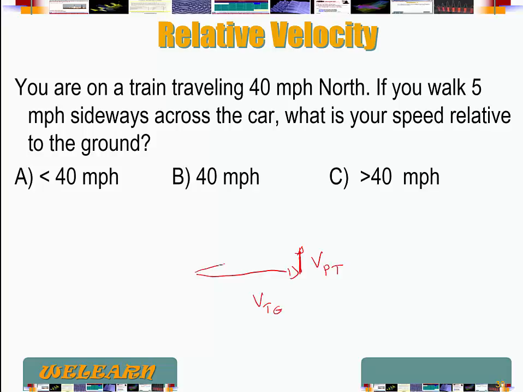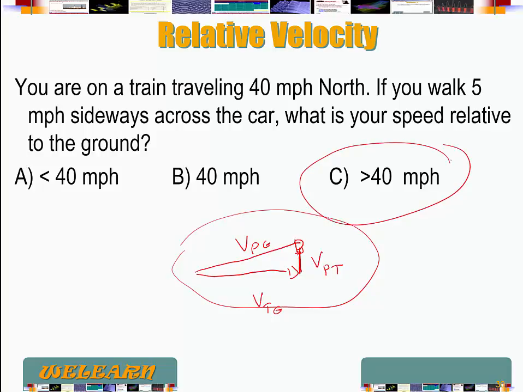So this is your velocity relative to the ground. Of course, from here you see it's going to be bigger than the 40 miles per hour. We don't have the exact value, but we can calculate it. The magnitude would be the hypotenuse in this triangle here, so we can calculate it using the Pythagorean theorem. So this is my answer.